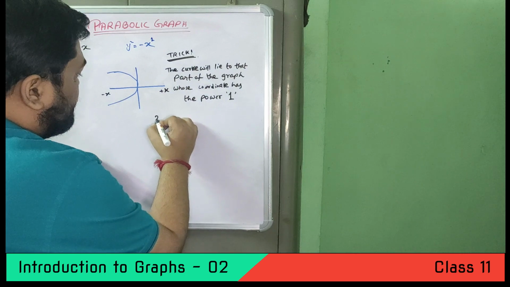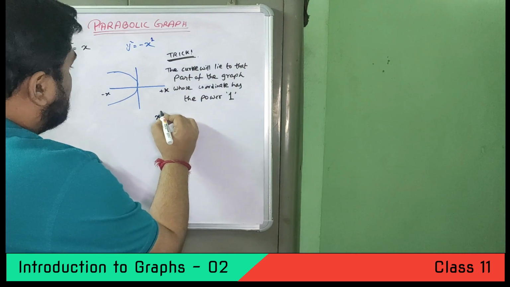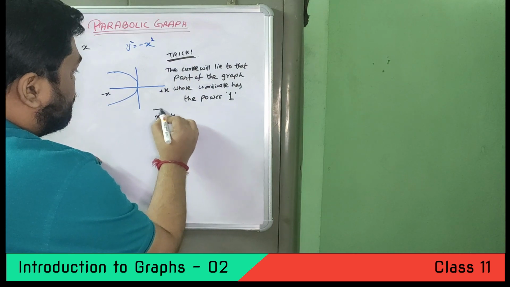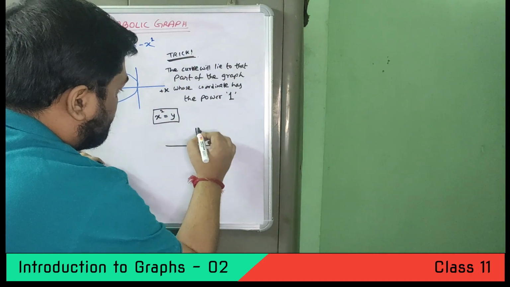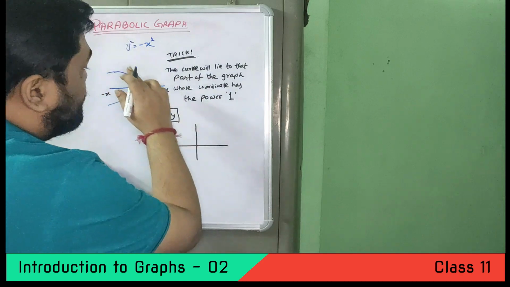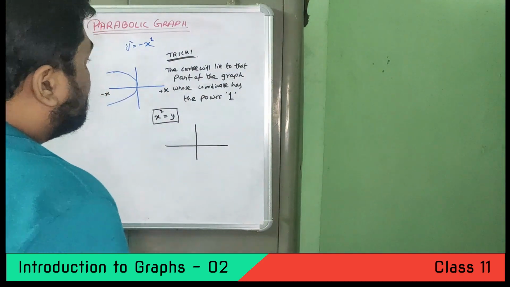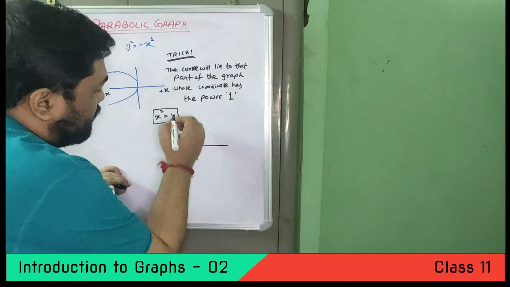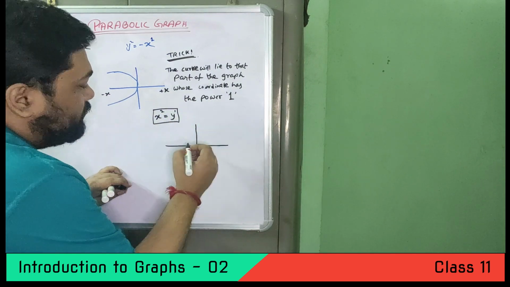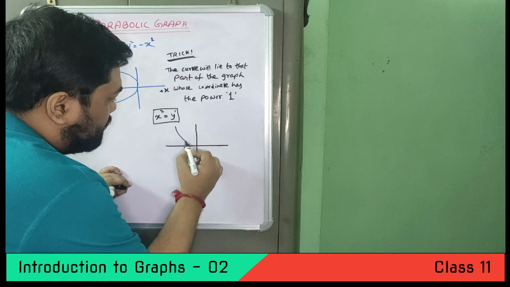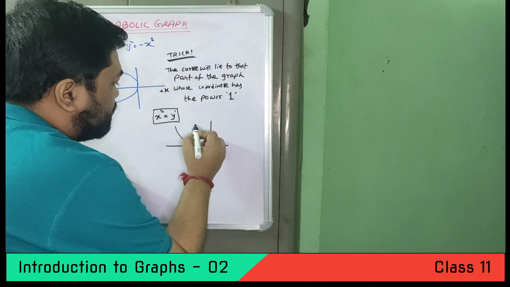Similarly, if I say x square equals y, for this equation, how will the curve look like? See here the power of y is 1, so the curve will be along the positive y direction.